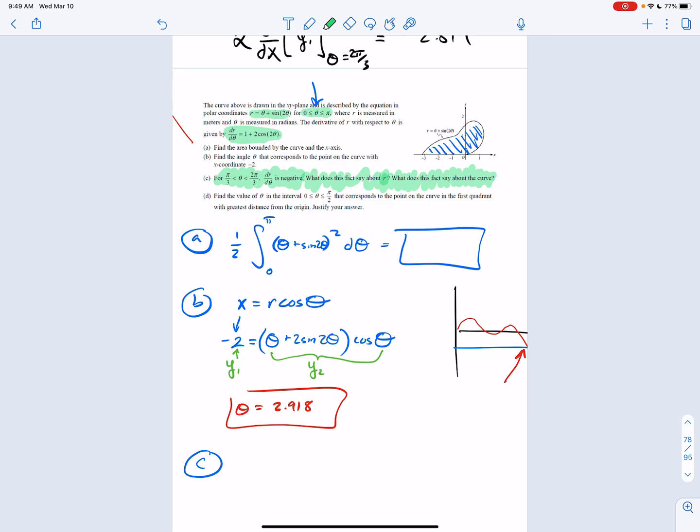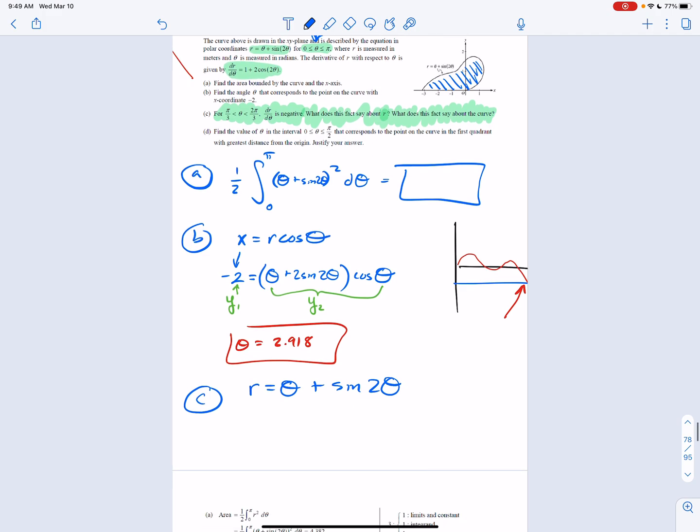There's a lot of analysis to this, so let me write this down so that you guys can understand this. We know r, and we know that from pi over 3 all the way to 2 pi over 3, dr d theta is negative. Okay?